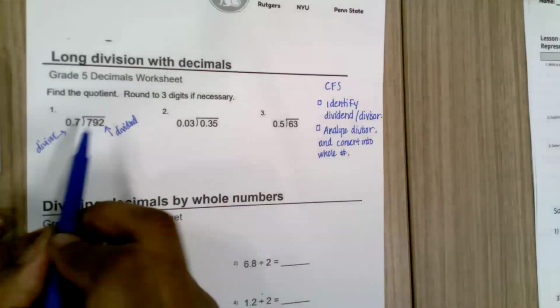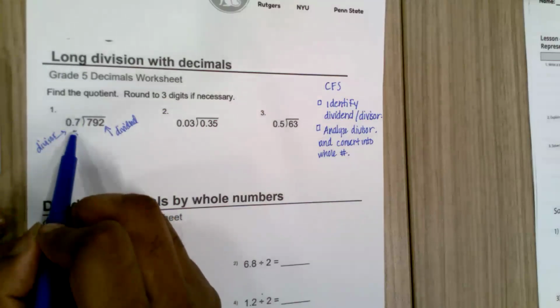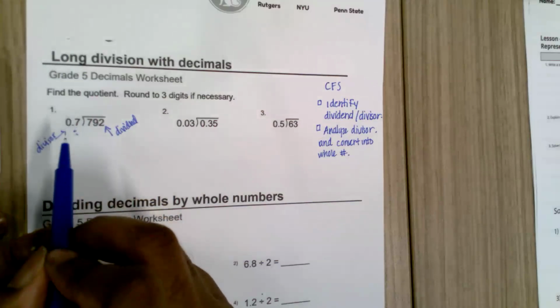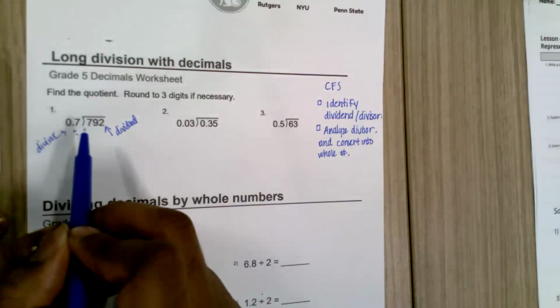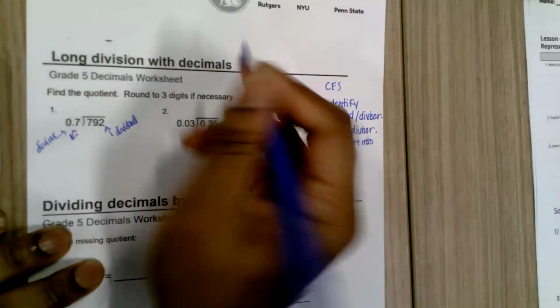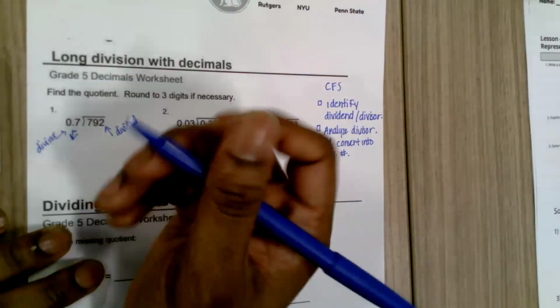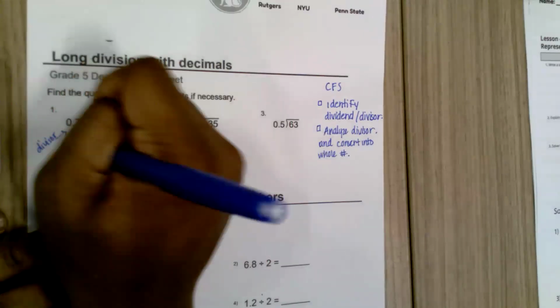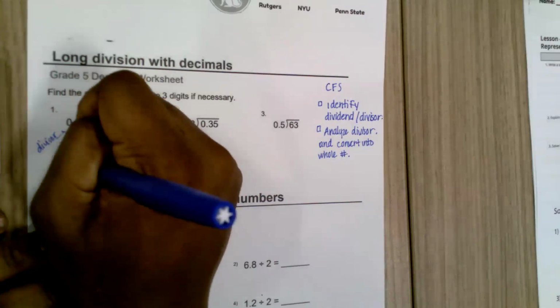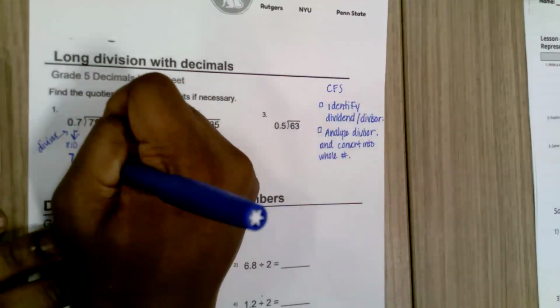We notice that this divisor is 7/10, and it's really difficult to share groups of 7/10. So we must convert it into seven wholes. In order to convert this into seven wholes, you have to multiply it by 10. And what you do to the divisor, you have to do to the dividend.